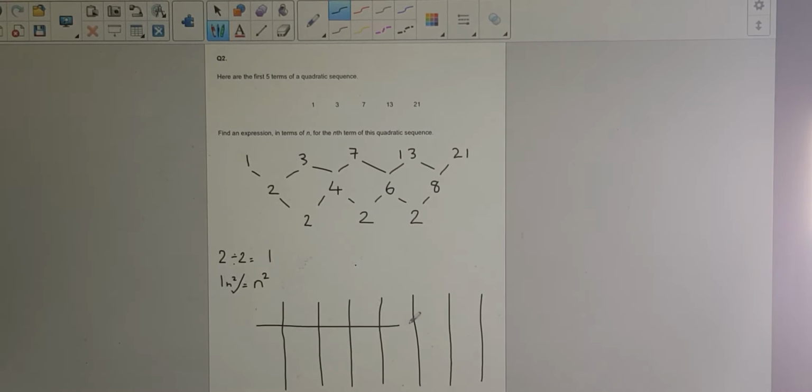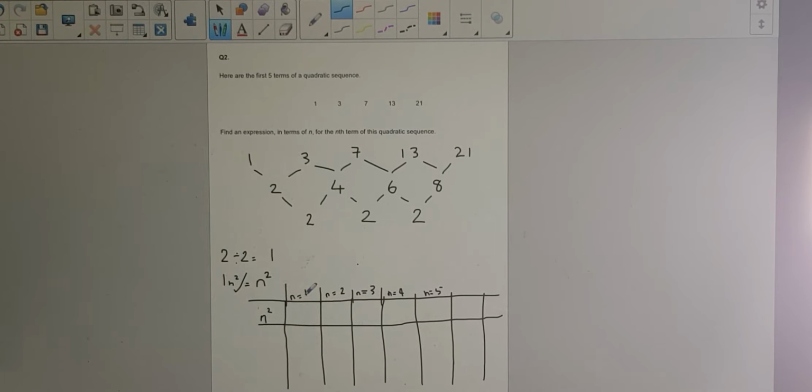And if we remember, for my first term, I know n is equal to 1, just like in any sequence. For my second term, n is equal to 2, n is equal to 3, 4, 5. Okay, so if n is equal to 1 for my first term, that tells me the position in my sequence, remember.